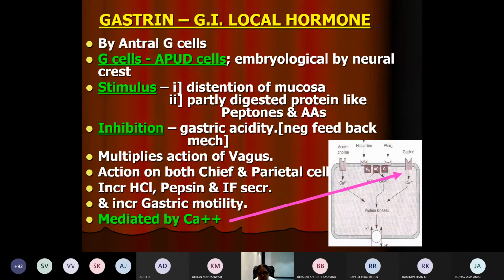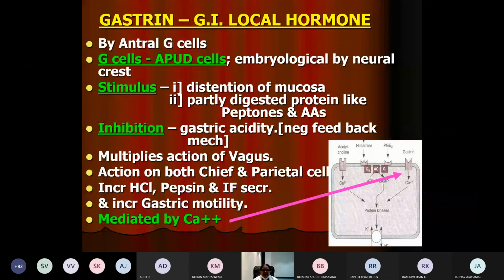Gastrin is a GI local hormone, secreted by antral G cells, argentaffin cells, embryologically from the neural crest. Stimulus: distension of mucosa, partly digested proteins like peptones and amino acids.